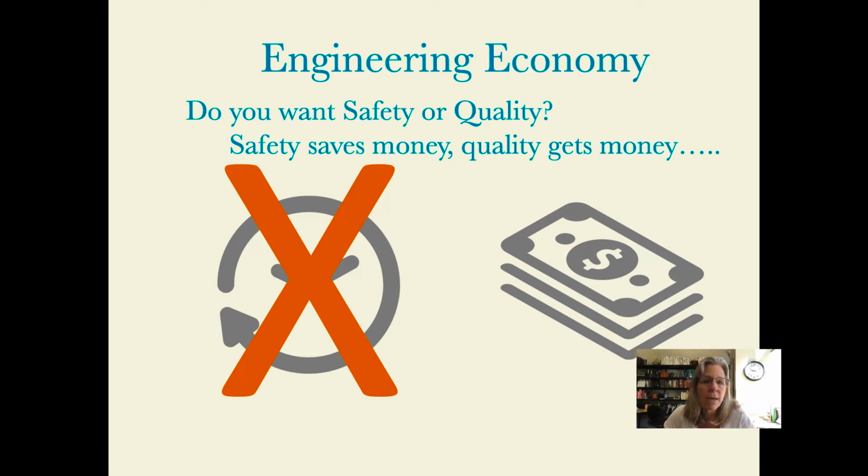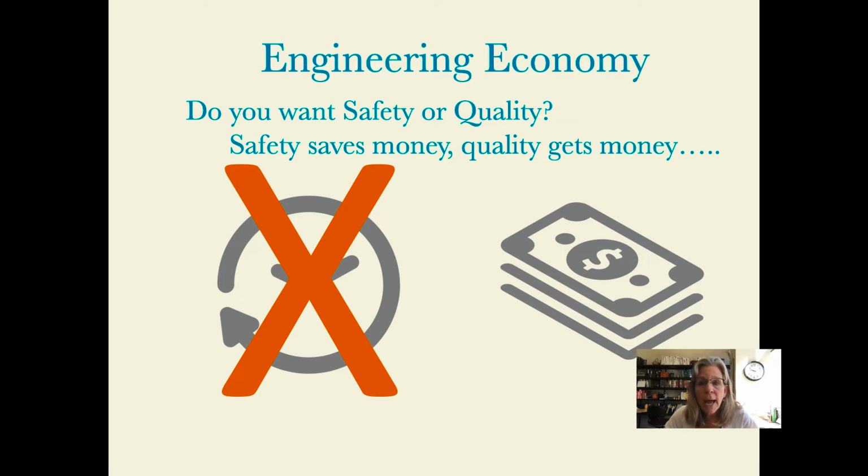For instance, safety saves money because there's less injuries, and you don't have to have as high workers' compensation, and you get better worker satisfaction. Quality also gets you money because you can charge more for your product if it's a higher quality. So there are ways that you can convert these things into money, and then if they have time associated with them, they become engineering economy problems.